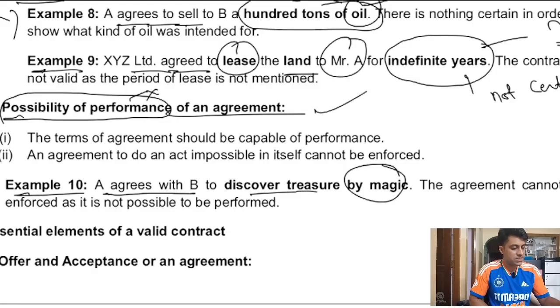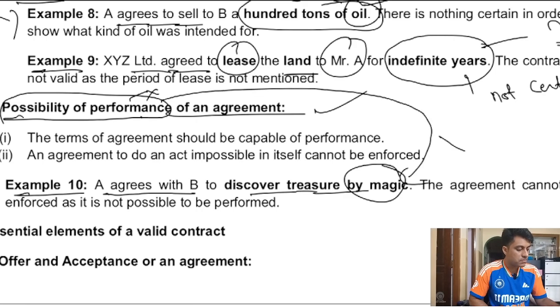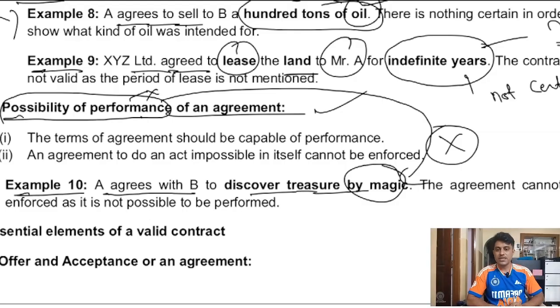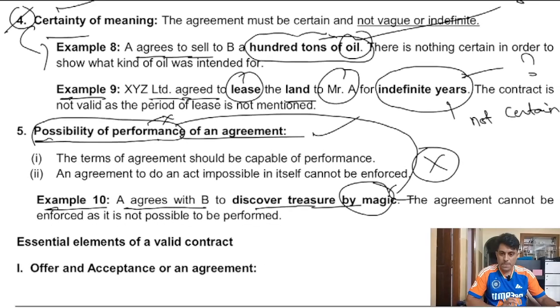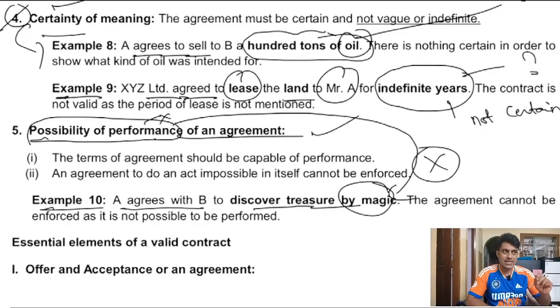Yeah, the question is, is it possible to discover treasure by magic? It is not practically possible to perform this kind of act. So therefore we cannot call it a valid point, because physically it is not possible to prove this kind of scenario.